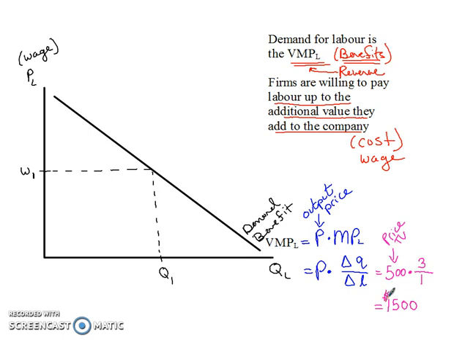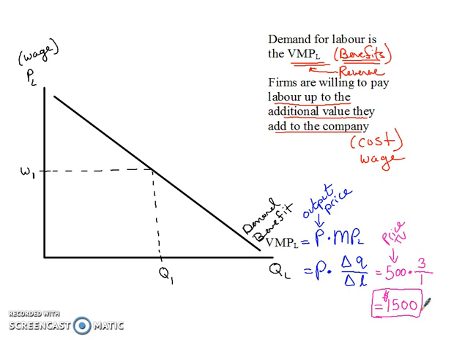That's the additional revenue that comes in from hiring that worker. That's the benefit. Now, the cost is what I have to pay the worker. If I pay the worker $500 a week, then the value of the marginal product is greater than the cost, which is the wage, so we would hire the worker. That's how we would think about it.